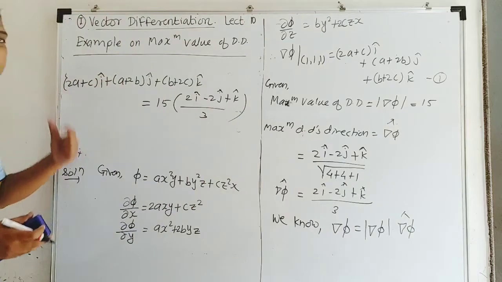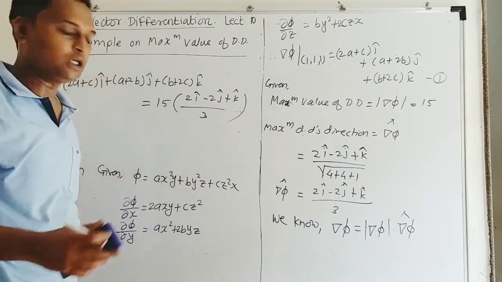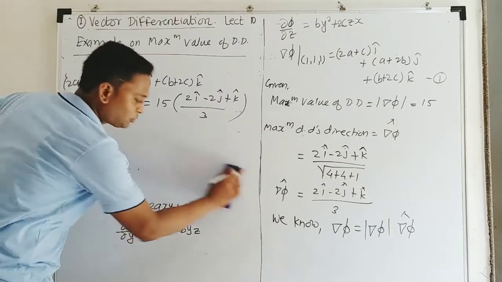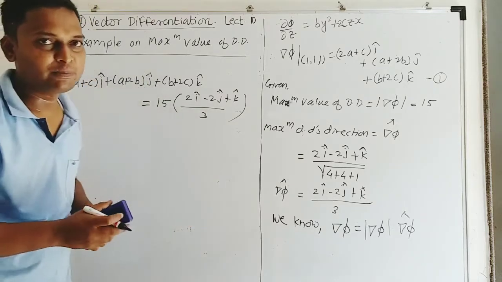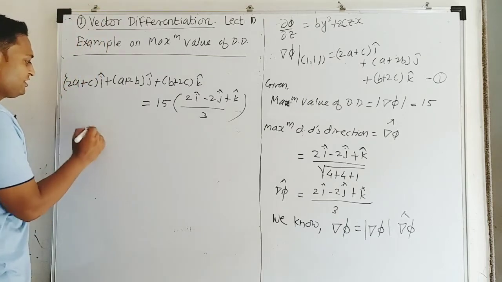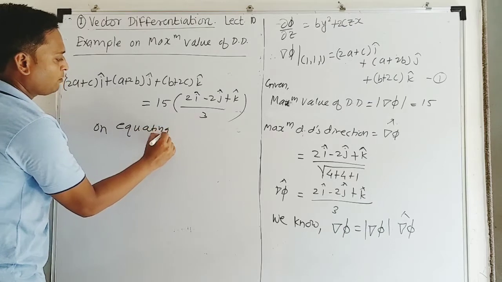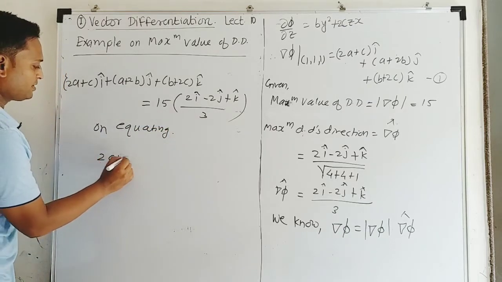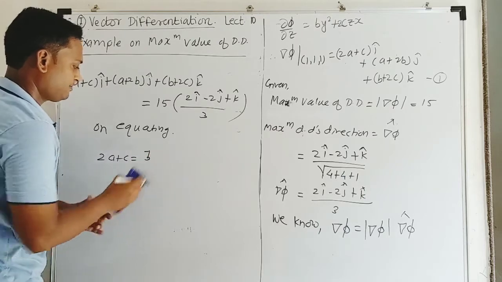Now on the left hand side I have one vector, on the right hand side I have one vector, and they are equal. So by the concept of equality of two vectors, when two vectors are equal, their i, j, k components are also equal. So after equating, we'll get 2a plus c equal to 15 times 2 by 3, that is 10.